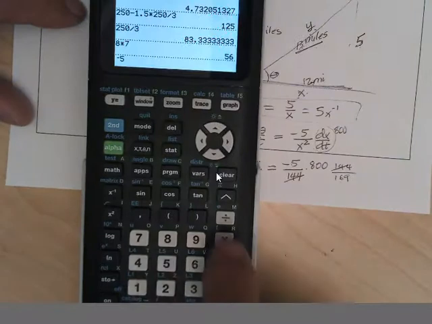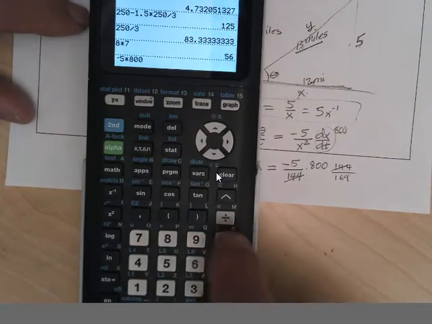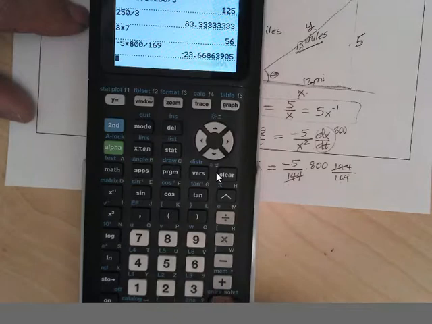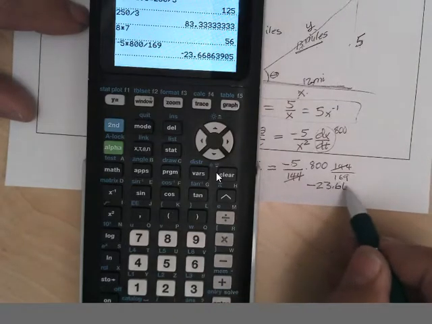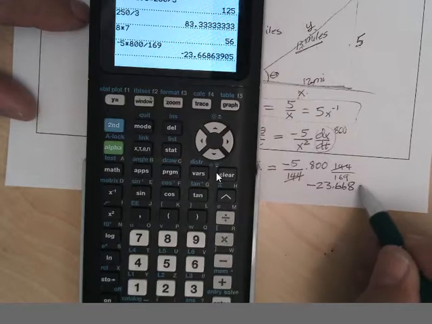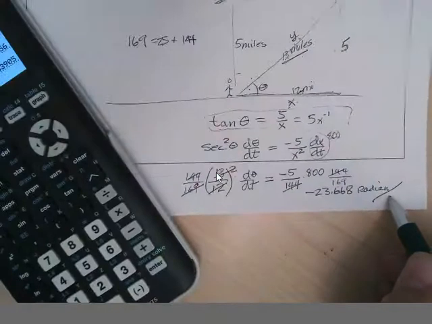Negative 5 times 800 divided by 169 is negative 23.668 radians per hour.